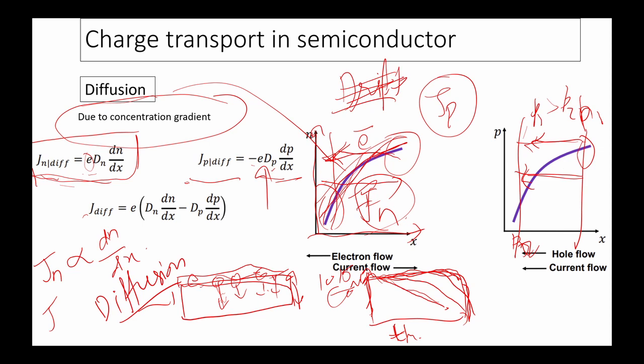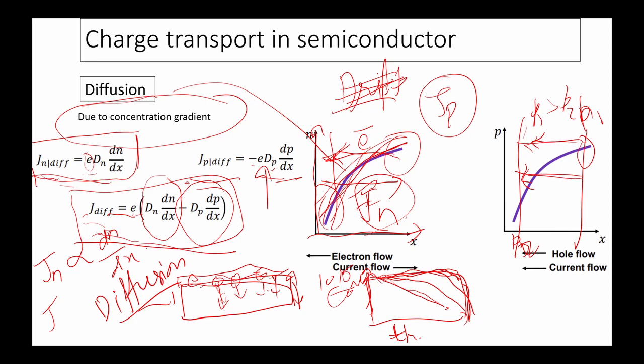The total diffusion current is because of the electron movement as well as the hole movement. Taking e common, the sum of the hole current and the electron current is the total J diffusion current, given by this equation.